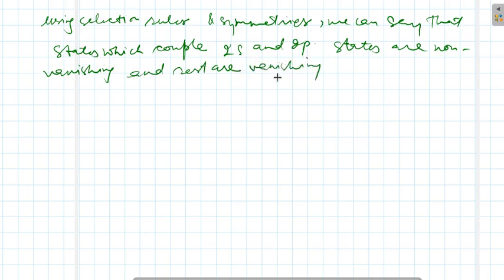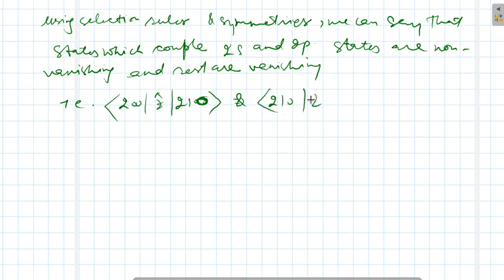So using this idea, I can say that 200 z 210 and 210 z 200 are non-vanishing.